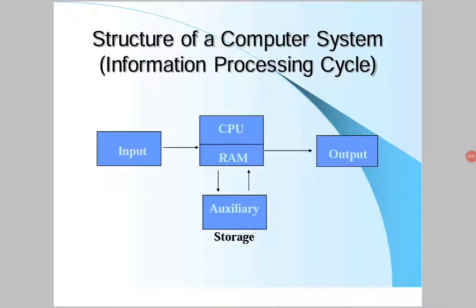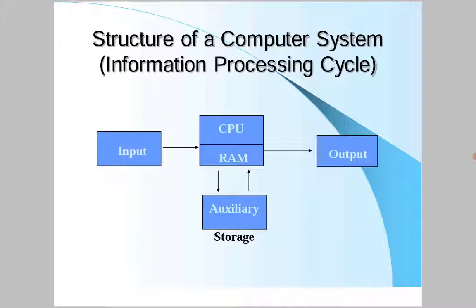So, structure of a computer system, information processing cycle. This diagram explains how a computer works and what the different components of a computer system are: input, CPU or central processing unit, storage unit, and output unit.